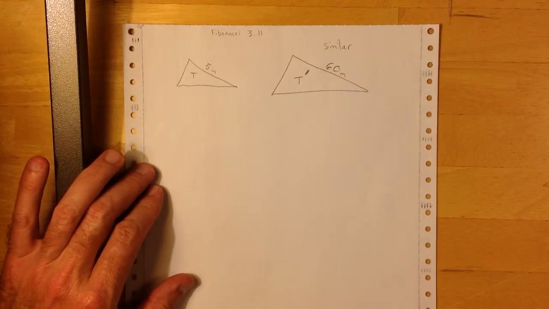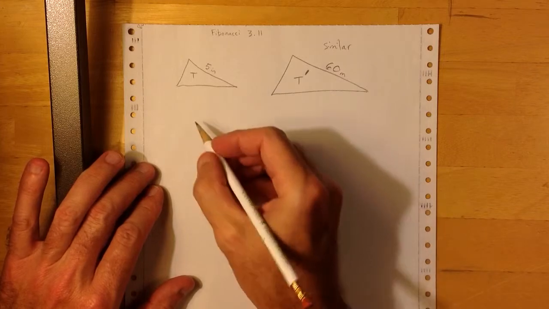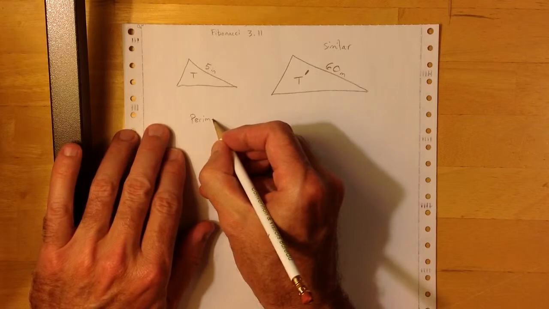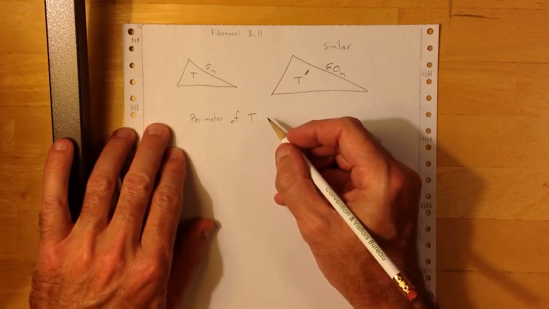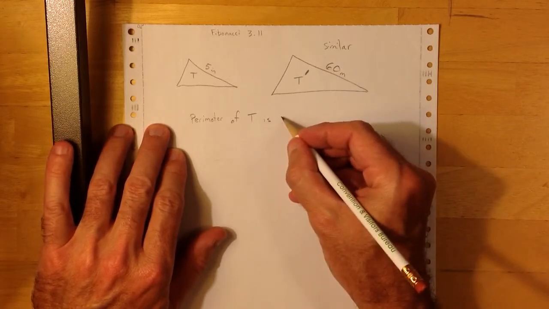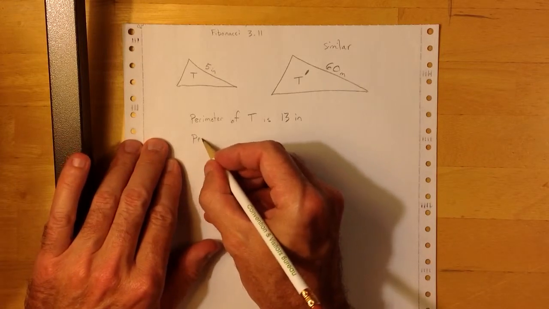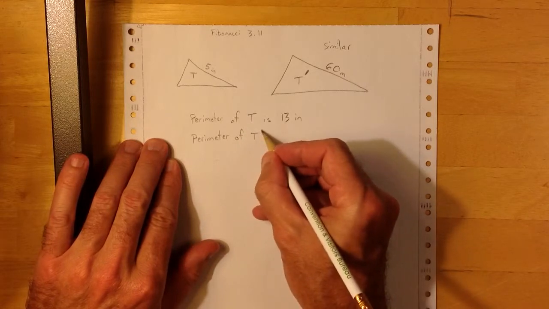The first part of this problem says, if the perimeter of T is 13 inches, what is the perimeter of T prime? They're giving us the perimeter of T is 13 inches, and they're asking for the perimeter of T prime.